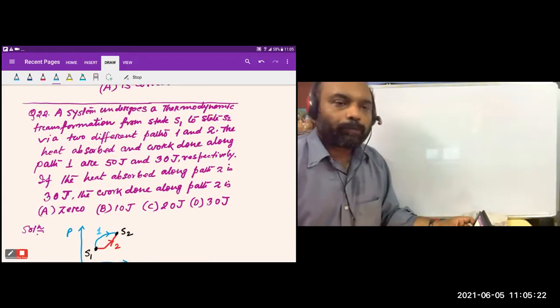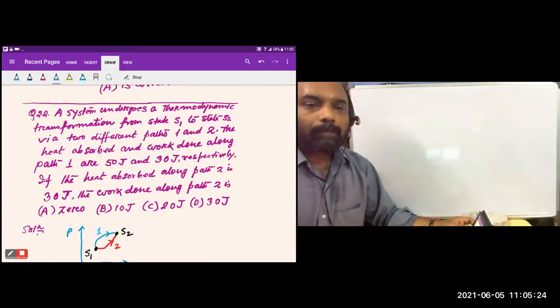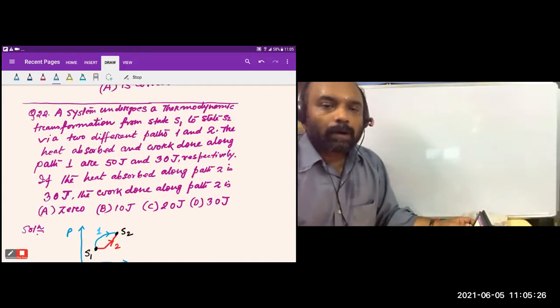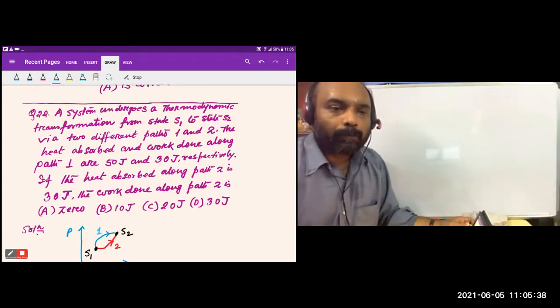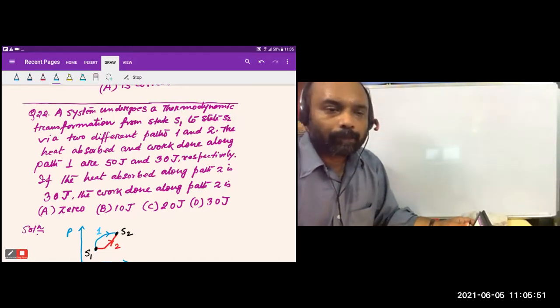Now question 22. A system undergoes a thermodynamic transformation from state S1 to state S2 via two different paths, 1 and 2. The heat absorbed and work done along path 1 are 50 joule and 30 joule respectively.